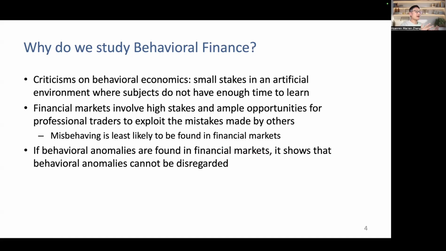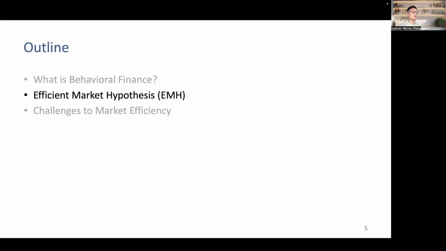So if behavioral anomalies are found in the financial market, it shows that behavioral anomalies cannot be disregarded. And that is actually the case. So another reason we want to study behavior finance is that the behavioral anomalies observed in the financial market lend strong support for behavior economic theory.